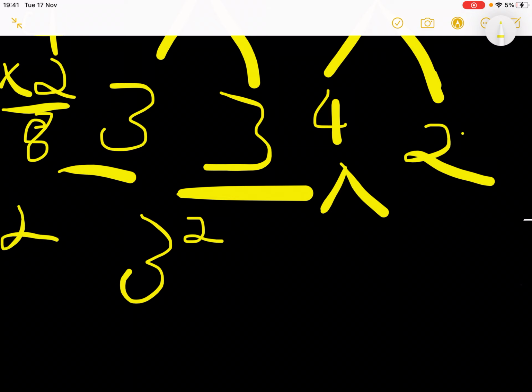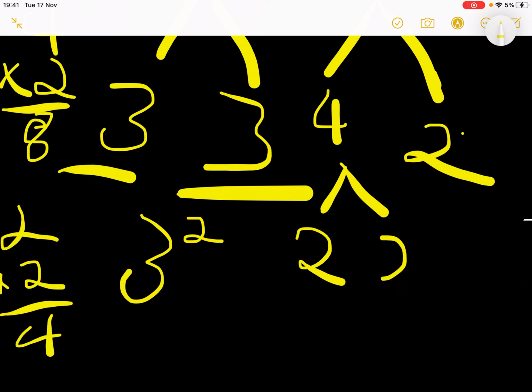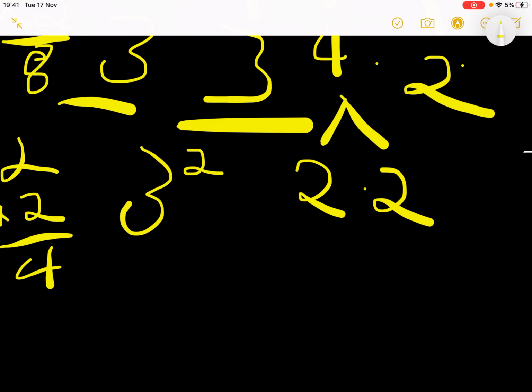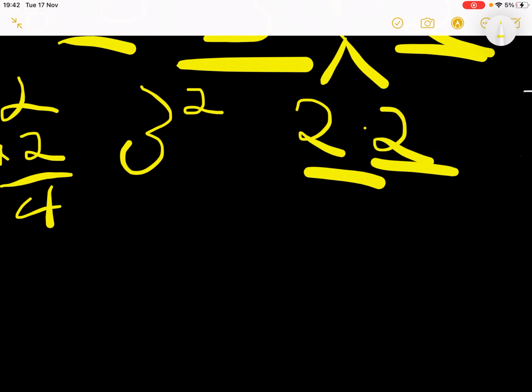And 2 times 2 equals 4. So 2 and 2. So we have three 2's. So we're going to put that as 2 cubed.